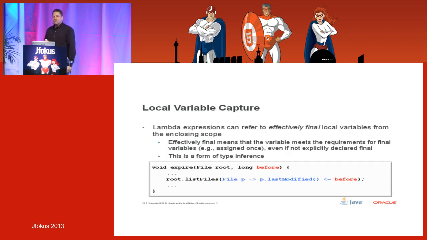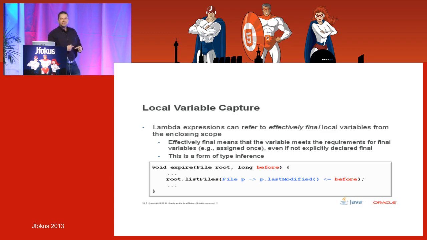Then we have the idea of local variable capture, because it may well be that you want to access variables from outside of the Lambda expression, which are within the scope of where you're calling that Lambda expression. And that's quite valid. You can do that.